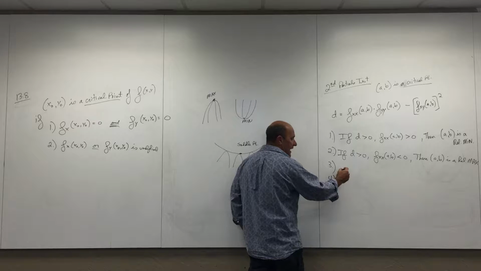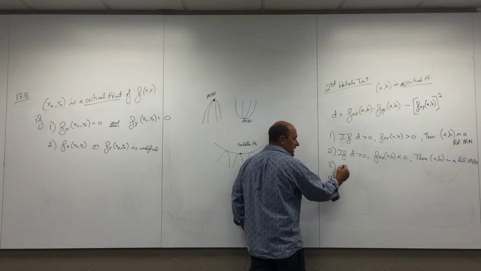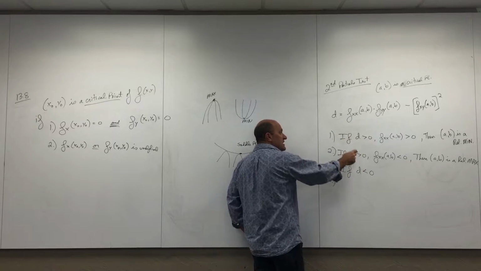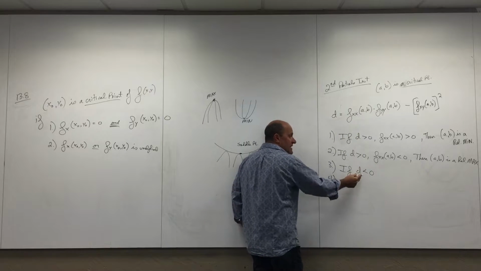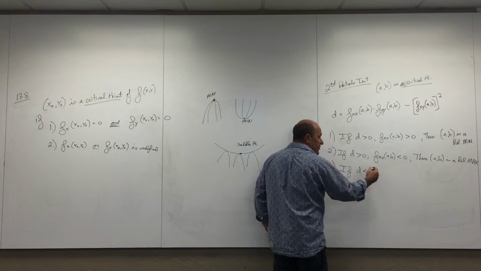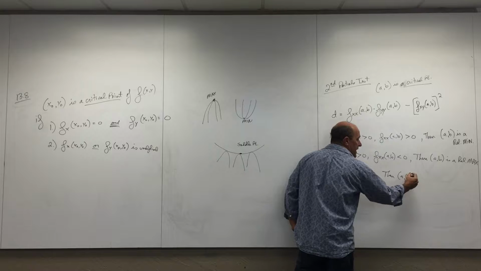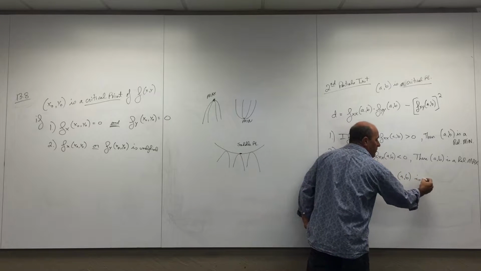Here's another thing that can happen. What if D is less than 0? In both those earlier cases, D was positive. If D comes out negative, you're done: that critical point (a, b) is a saddle point.